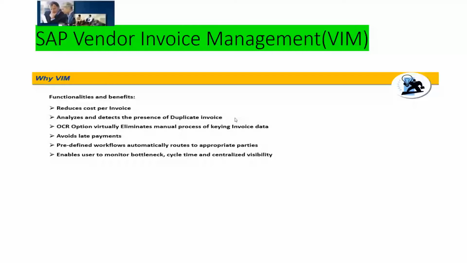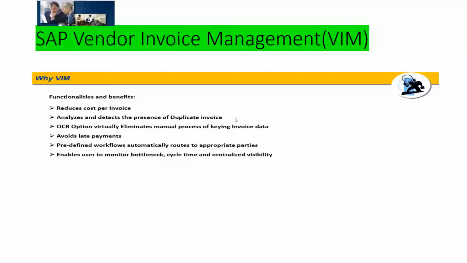Lastly, this enables users to monitor bottlenecks, cycle time, and centralized visibility. I told you that we can track each and every invoice. So we get to know what the bottleneck is, what is the reason stopping the processing of this invoice.